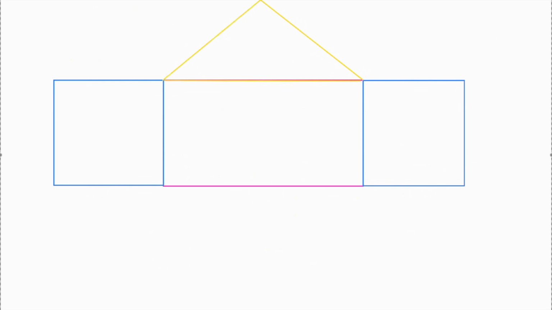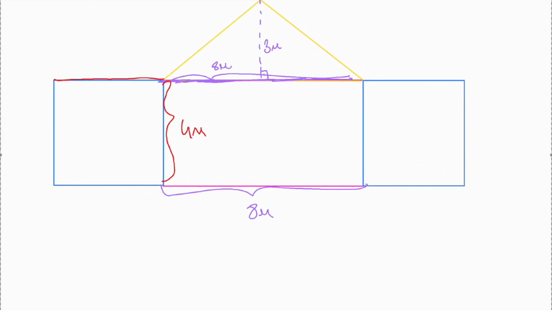Okay, now we can solve this easily. The triangle's base equals 8 meters, and its height equals 3 meters, and the rectangle's long length, since they're sharing the same side with the triangle, will be 8 meters too, and its short length is 4, since we know the square size is 4 meters from the question.